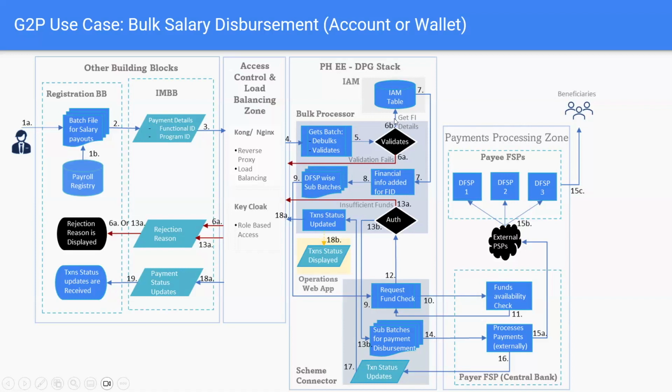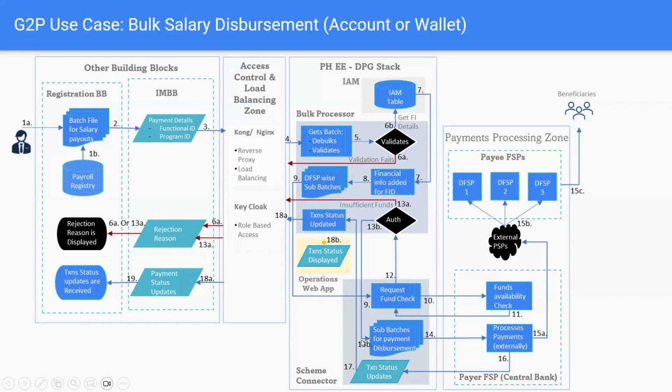But if the validation had passed, it would ask the identity account mapper to send back the financial information against those functional IDs. The identity account mapper resolves those functional ID addresses, and then it sends back to the bulk processor. So the bulk processor adds the financial information for each FID, and then it uses those sub batches and sends it to, as we talked about previously, the connectors.